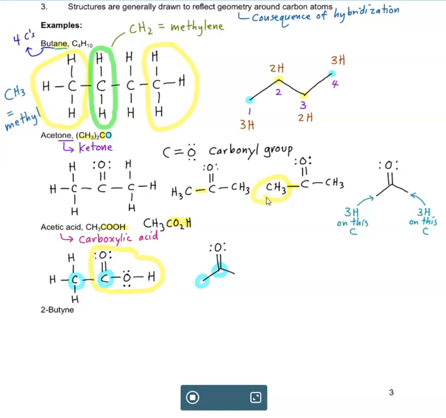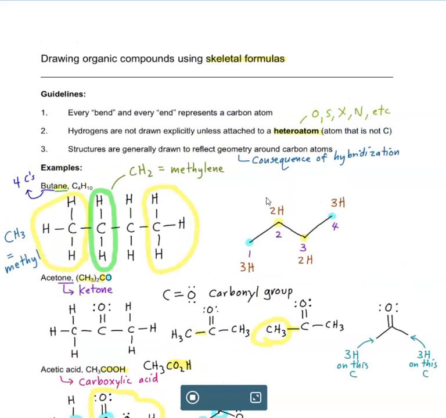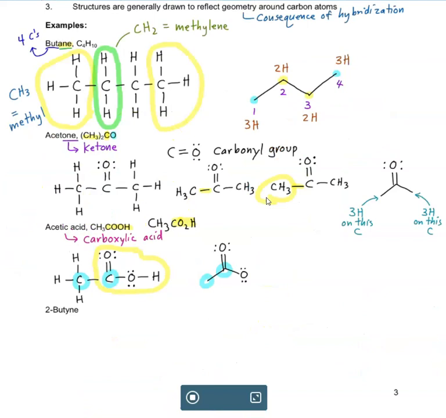The carbon that's doubly bonded to the oxygen also has a single bond to another oxygen. Again, we want to include all those lone pairs. And then there's a hydrogen that we have to deal with. Now remember up above, you can kind of see it on the top of the screen, it says hydrogens are not drawn explicitly unless they are attached to a heteroatom. Well, in this structure, we do have a hydrogen that's attached to a heteroatom, and so we're going to draw a bond and stick that on there as well.